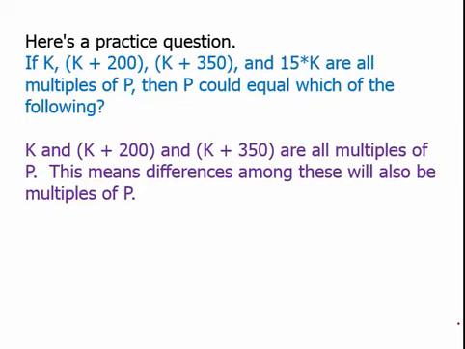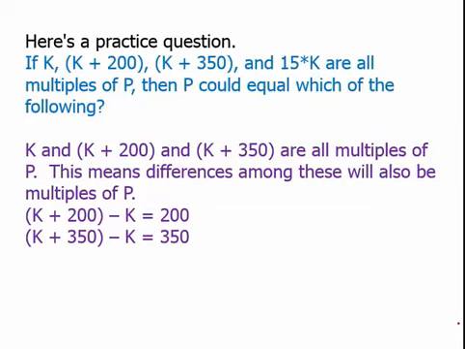K and K plus 200 and K plus 350 are all multiples of P. This means that differences among these will also be multiples of P. So for example, if I subtract K plus 200 minus K, I get 200. 200 must be a multiple of P. I could also subtract K plus 350 minus K, and that would give me 350. 350 must be a multiple of P. And then since those two are multiples of P, I could subtract them. 350 minus 200 is 150.